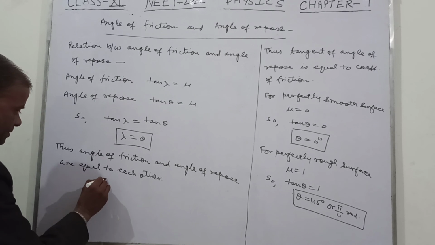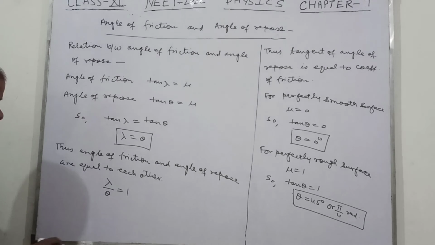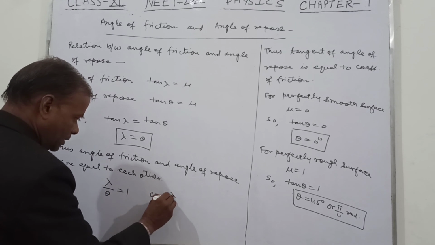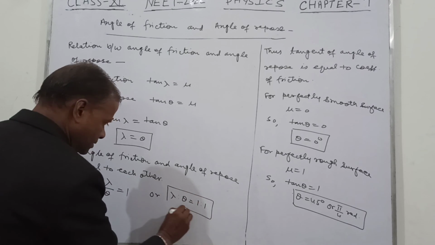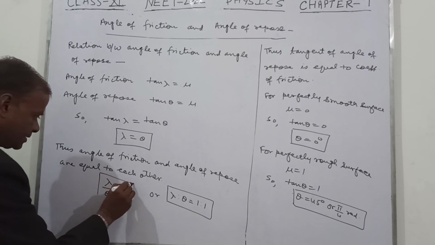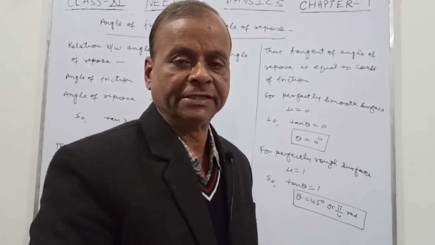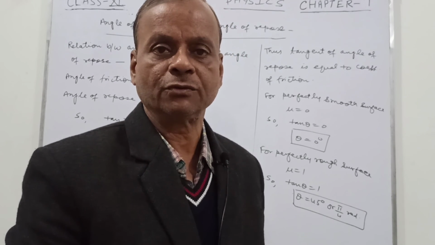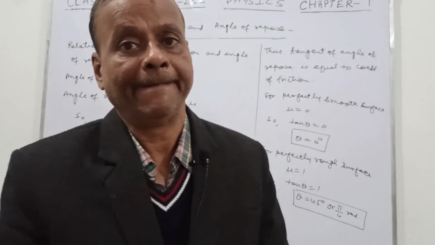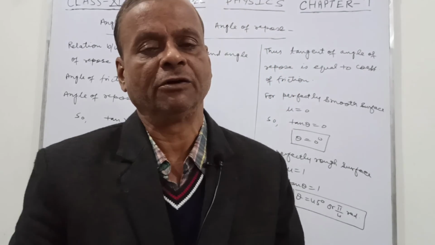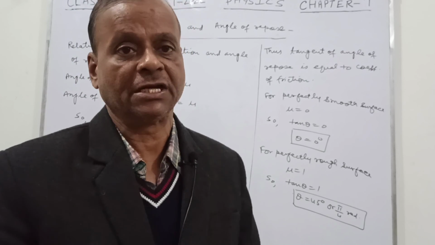Or we can say that lambda upon theta is equal to 1, or the ratio lambda to theta is 1 to 1. So the ratio of the angle of friction and the angle of repose is equal to 1 to 1. This is very critical, and it is generally not written in the book. So you find the ratio of lambda and theta.